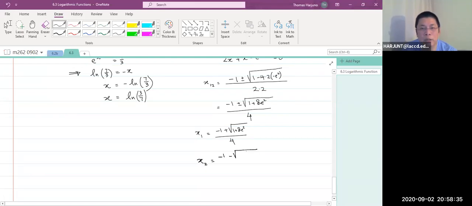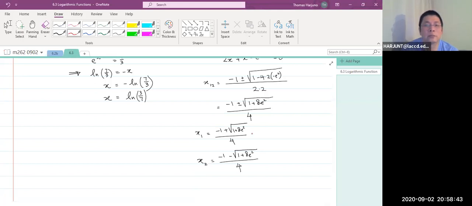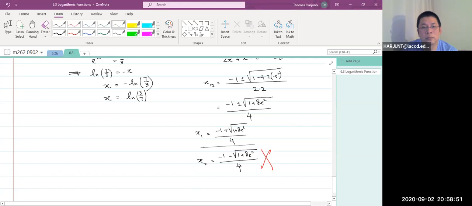The numerator is negative. You see that? So I have to cancel it, and this is the only solution.